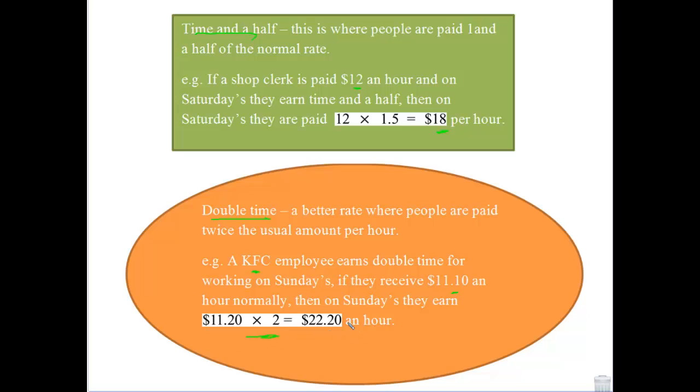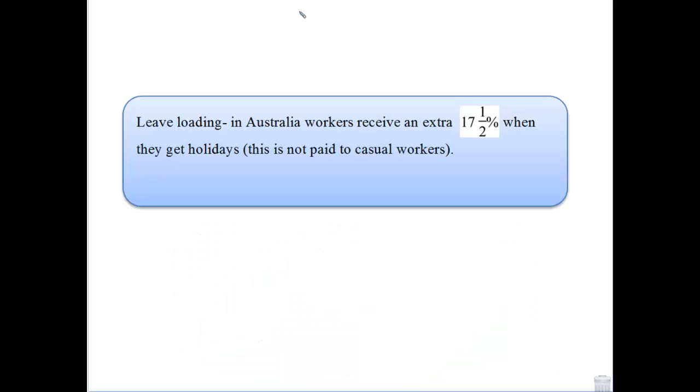It's nice money. But you're getting it basically because you're being penalised for working on a weekend outside of normal hours. So that's what those types of penalty rates are like, at public holidays or weekends, things like that.